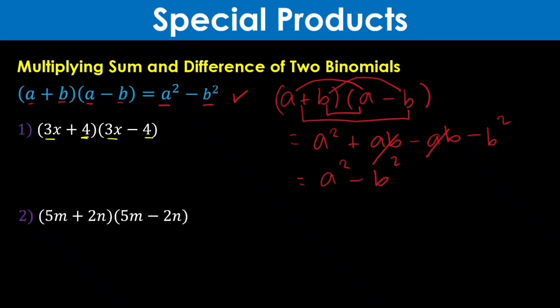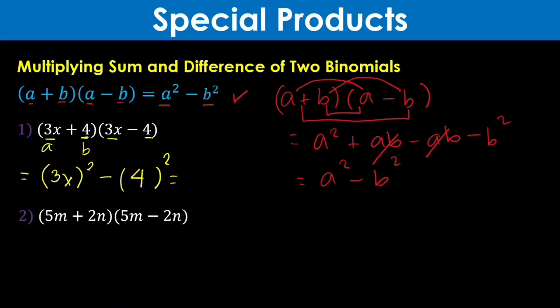To use that formula, we have to set our a squared first. Let's identify our a. Our a is 3x here, and our b is 4 there. So by formula, that's a squared, this is our a here, minus our b squared. And let's plug in our a, which is equal to 3x, and our b, which is equal to 4.